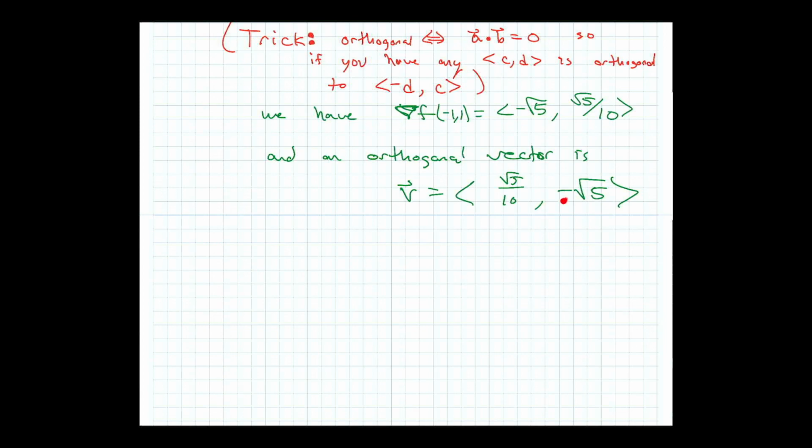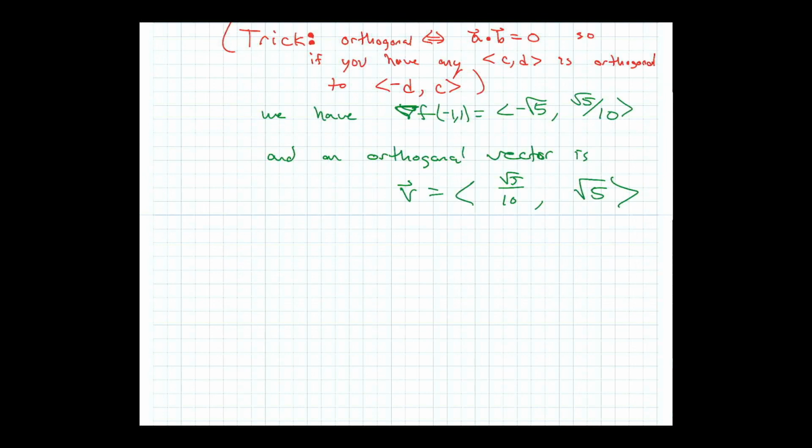It makes sense just to take this one and make it positive, because then there's no negatives involved. And obviously, if you do the dot product between these two vectors, these two are going to give you -5/10, and these two, when you multiply them, are going to give you +5/10. So obviously that will work.